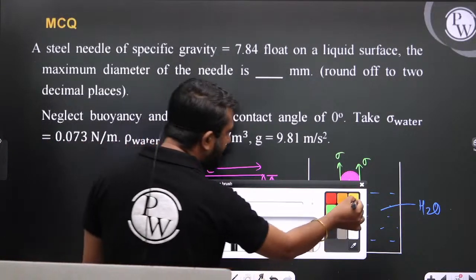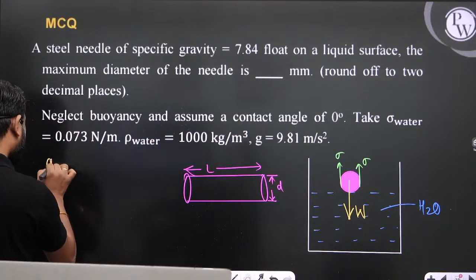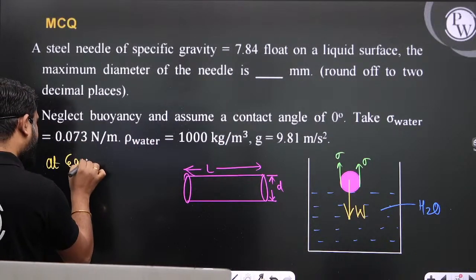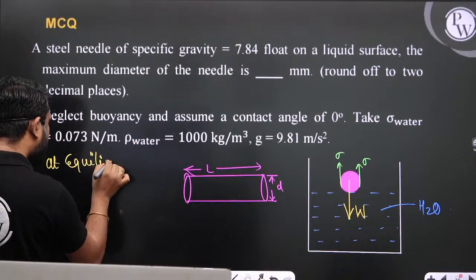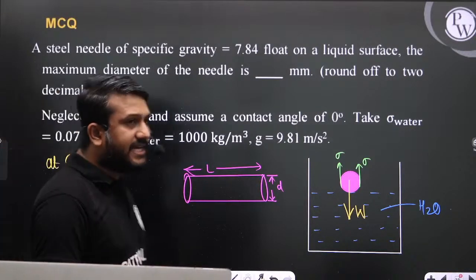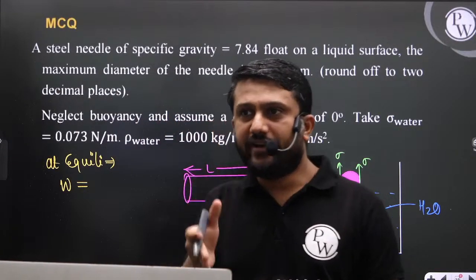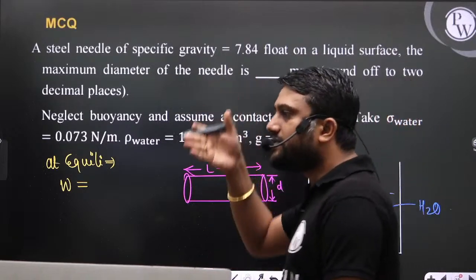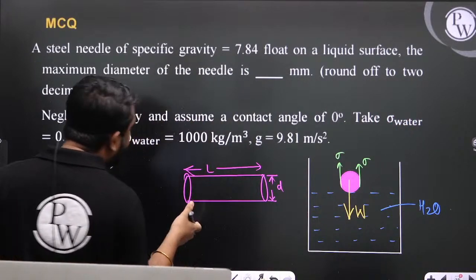So at equilibrium condition, can we say this weight W is balanced by the surface tension force? So what is the surface tension force?